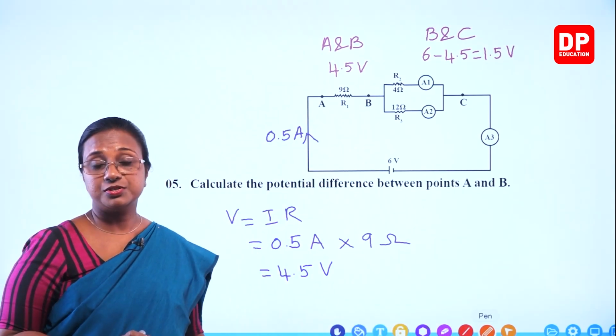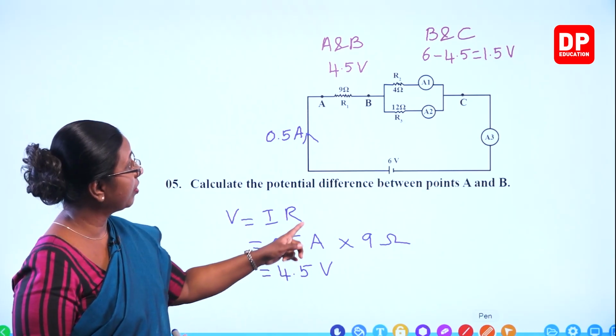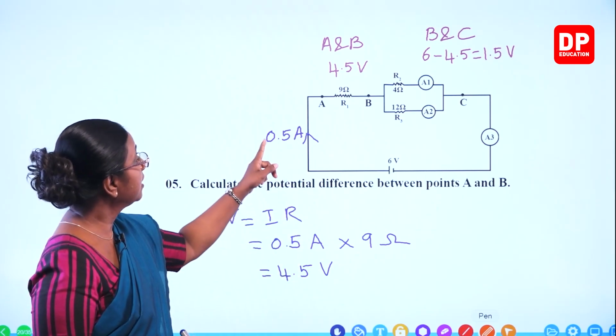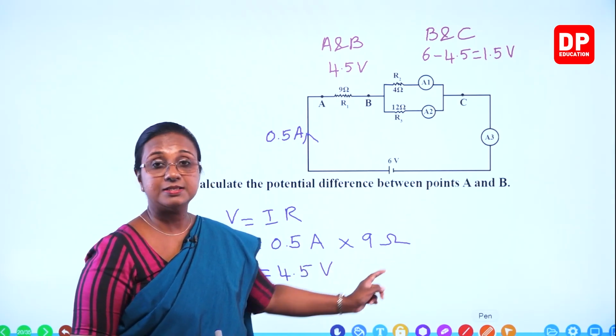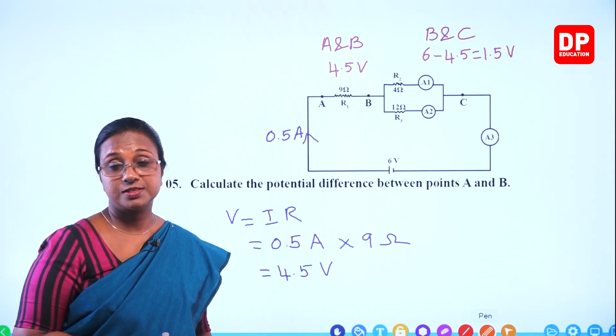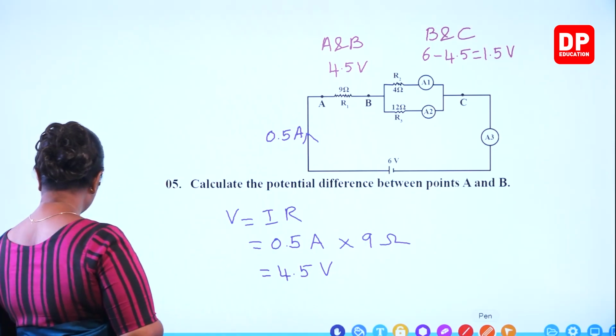Is this clear to you all, students? We have calculated the potential difference between points A and B using the equation V equals IR. Total current flows through R1, 0.5 amperes, and the resistance is 9 ohms, so 4.5 volts. I will move on to the next part.